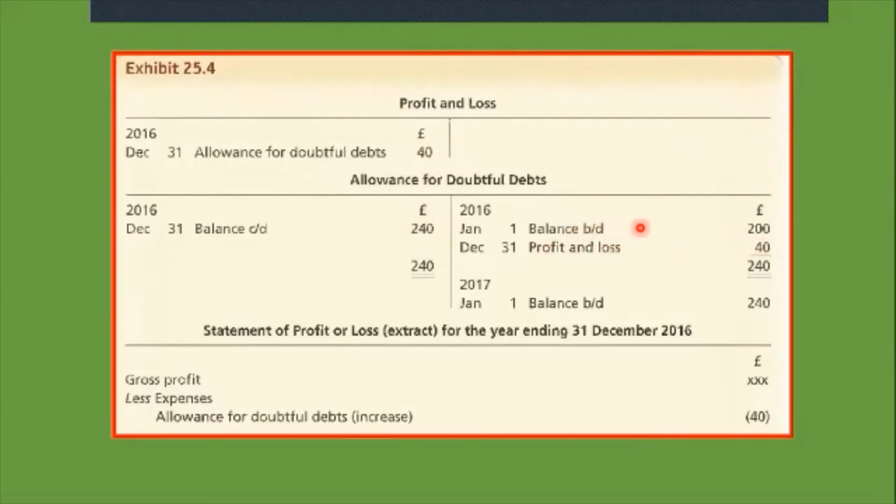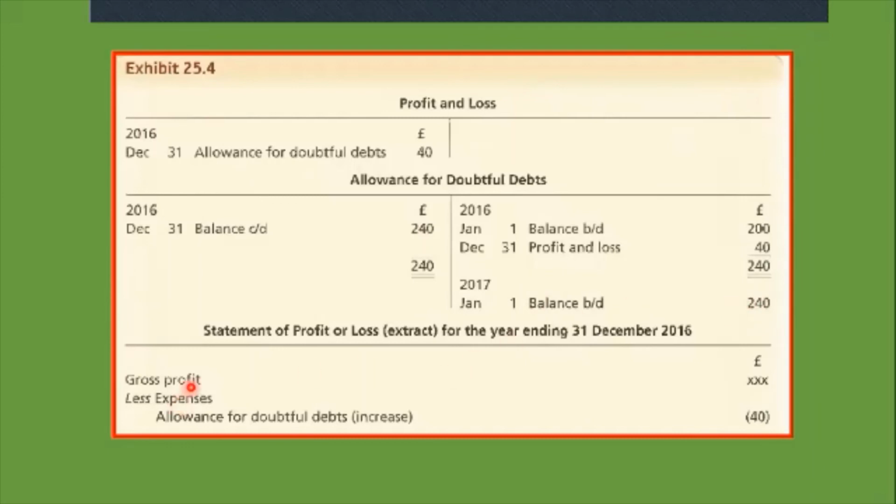We have the 200 that we had originally put in, and the 40 gives us the 240 that we need here. We will notice that the 240 is how much we have now in the account. So we'll carry that into the next year. This will remain here until we need to change it again.